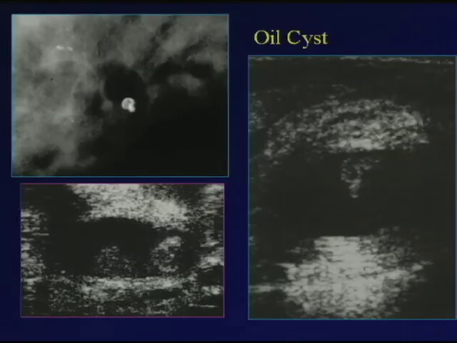And this is an example of an oil cyst on mammography, very lucent. It may be associated with round, hollow calcifications, but on ultrasound it can look very complex, and you do not need to put a needle in these or biopsy these if you can correlate them adequately with the mammogram.